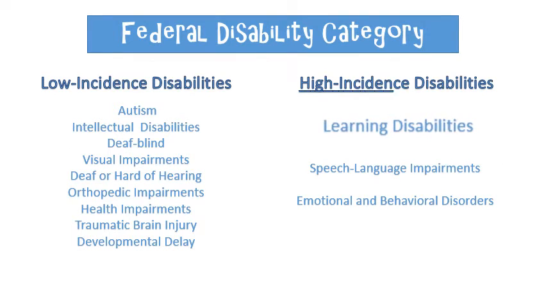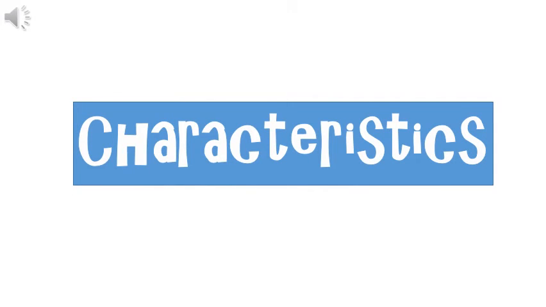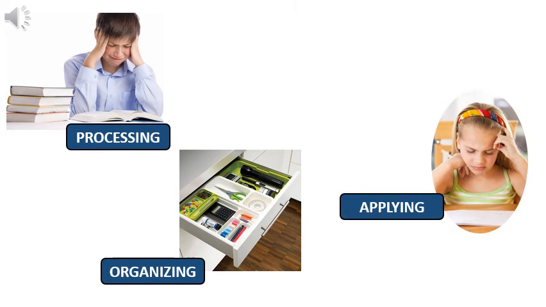Let's see. LD falls into the high incidence disabilities receiving special education services. Some of the characteristics of students with learning disabilities are problems with processing, organizing, and applying information.